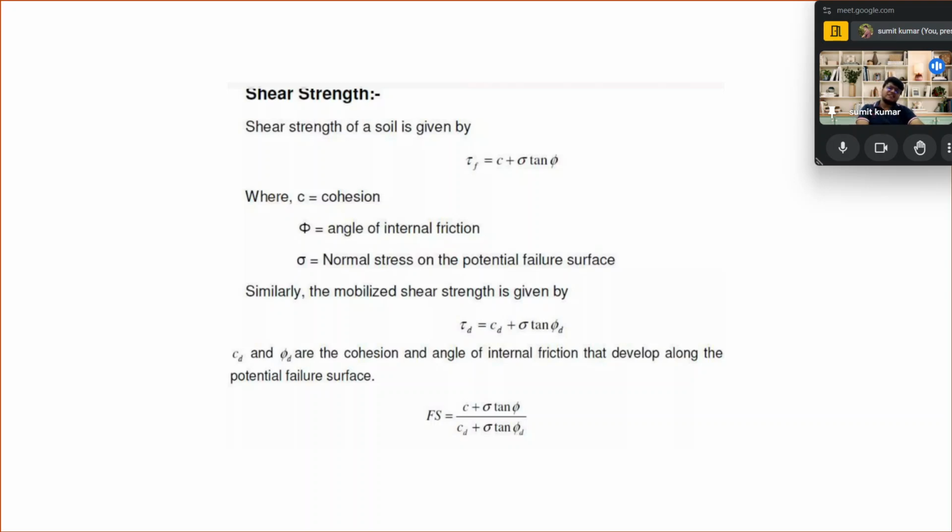Similarly, for the mobilized shear stress, this value is given by tau d equal to c d plus sigma tan phi d, where c d and phi d are the cohesion and angle of internal friction that are developed along the potential failure surface. So the value of Fs is given as c plus sigma tan phi upon c d plus sigma tan phi d.